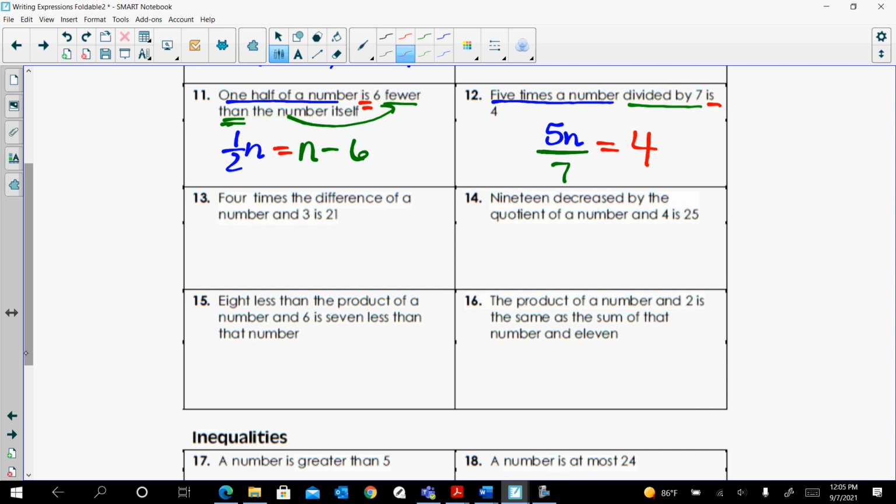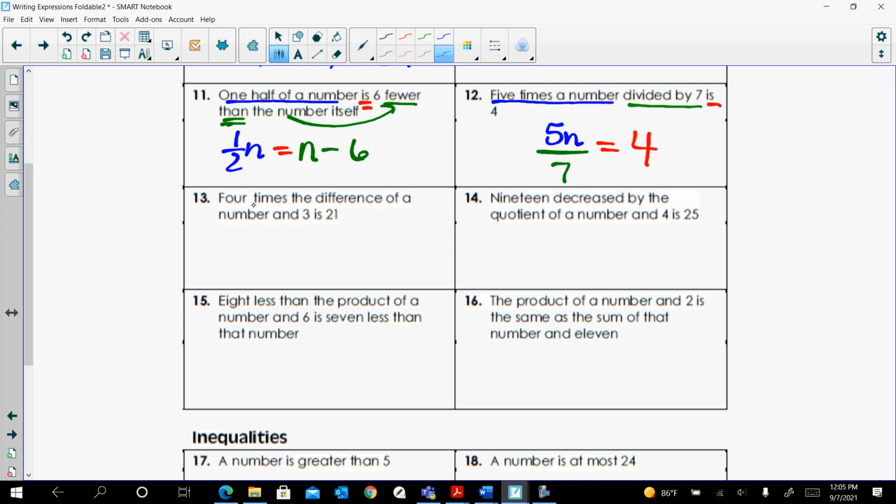All right, 13 says 4 times the difference of a number and 3 is 21. Again, what's the key word or key phrase? Anything before that, after that?